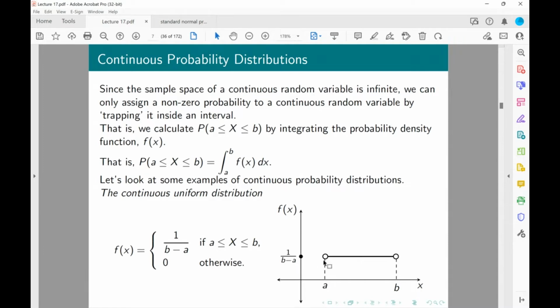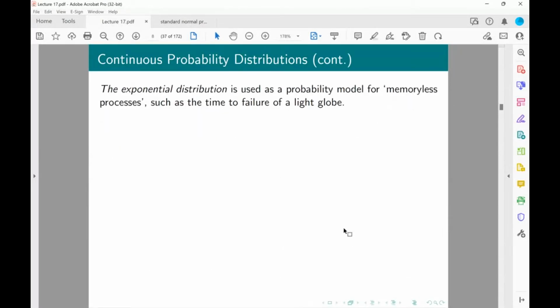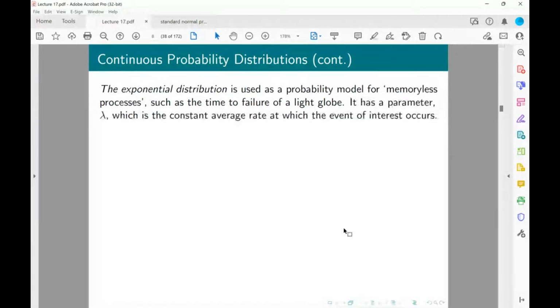So we assign that anything has this fixed value of fx, so the probability will be the integral of this term between 2 values. It's a way of getting an even distribution, a uniform distribution.